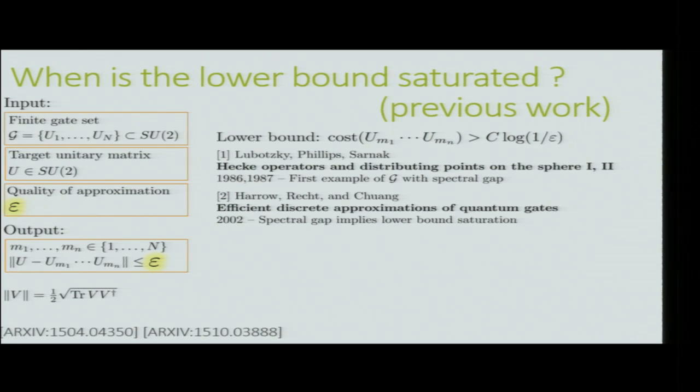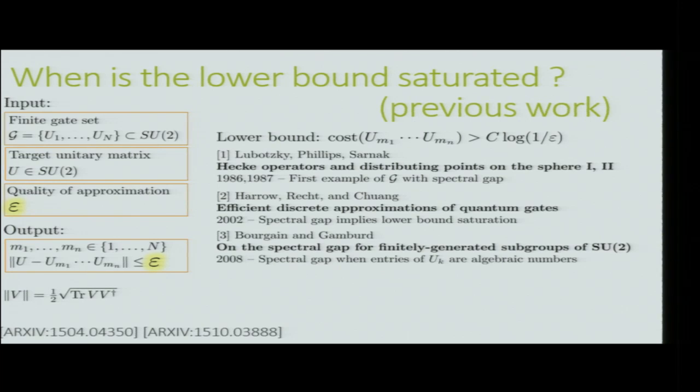Right, so basically now we see that if you have a Hecke operator corresponding to G, then asking this question is asking if this Hecke operator will have a spectral gap, right?